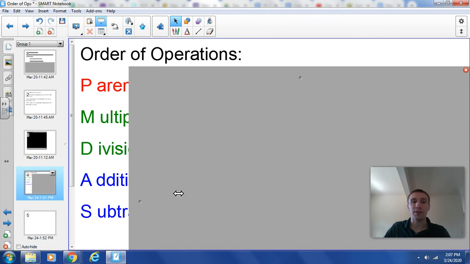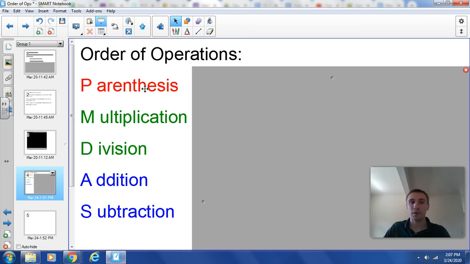That simply stands for parentheses, then multiplication and division, and then addition and subtraction, always in order from left to right, as we talked about the other day. I color-coded parentheses to be one color because that's always going to be done first. Then after you solve for all of your parentheses, you move on to multiplication and division, just as we've been practicing, and then after that, addition and subtraction.